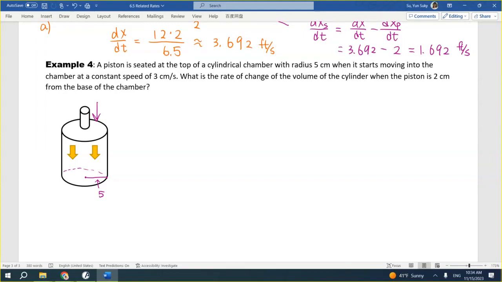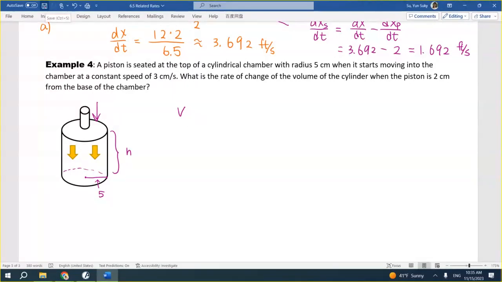And is my height changing? When you push down, is my height changing? Yeah. If you push down, your height is smaller, smaller, smaller, right? And your volume is smaller, smaller, smaller. So H is changing. And also V is changing.